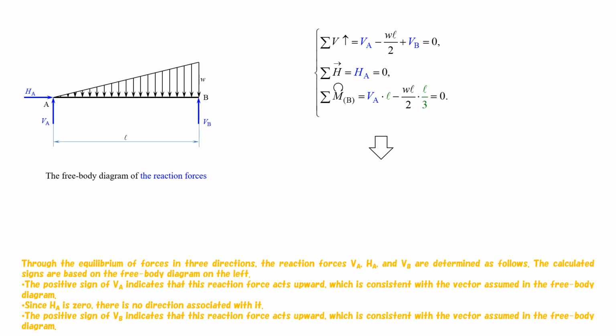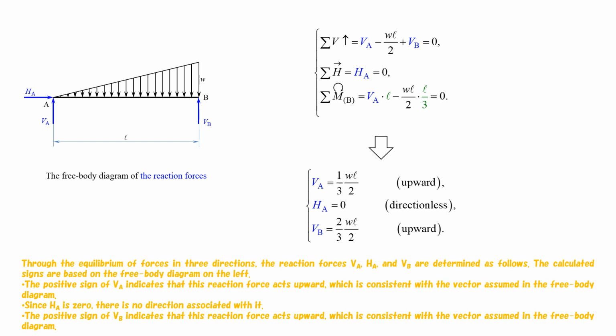Through the equilibrium of forces in 3 directions, the reaction forces VA, HA, and VB are determined as follows. The calculated signs are based on the free body diagram on the left.